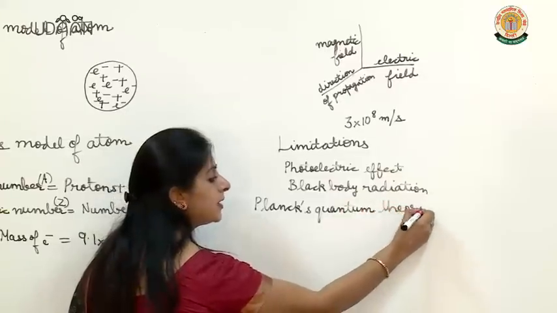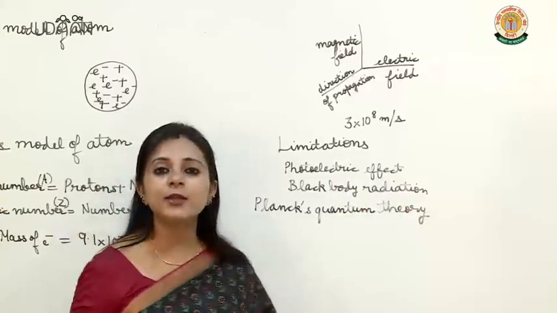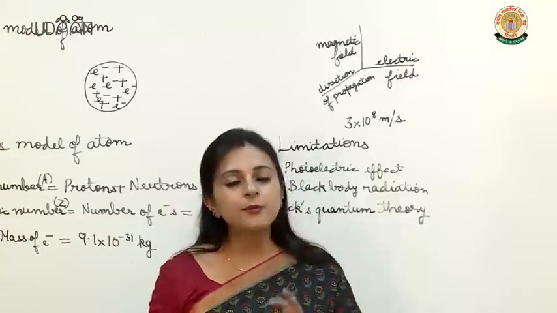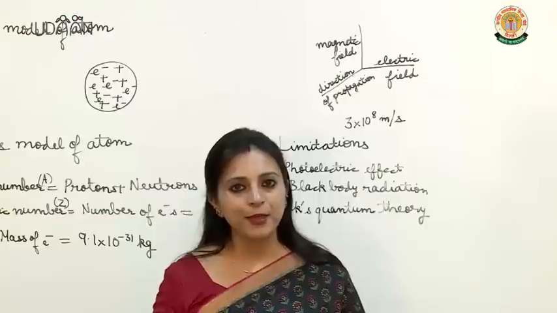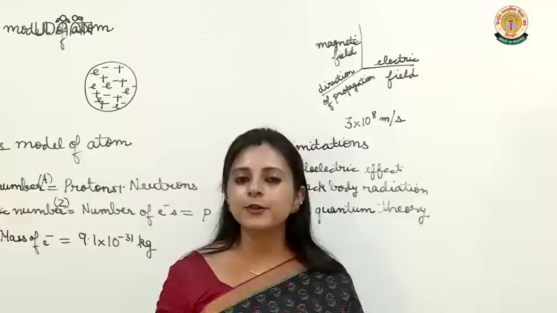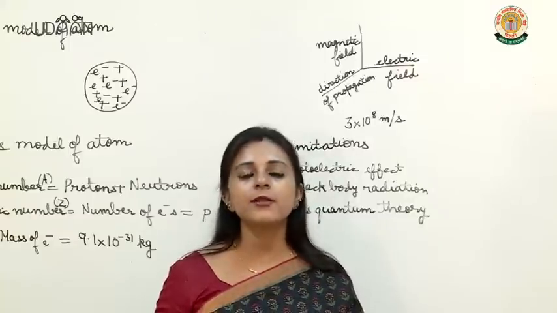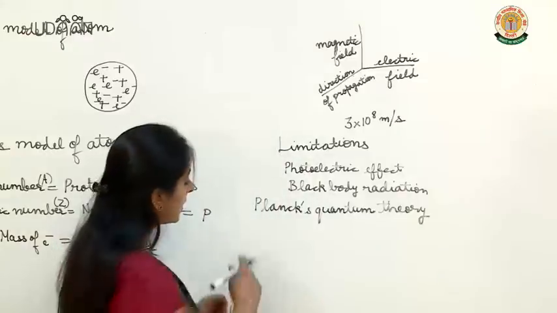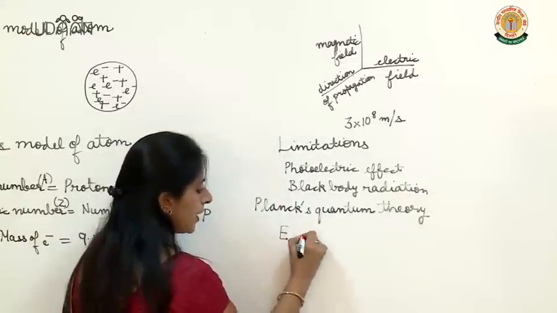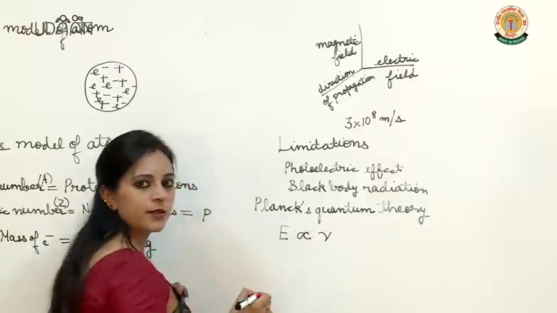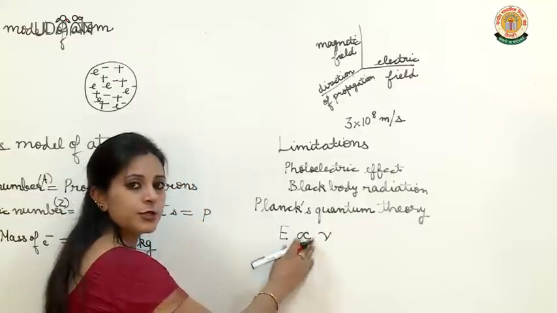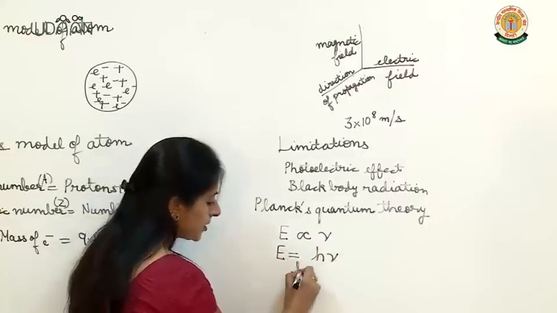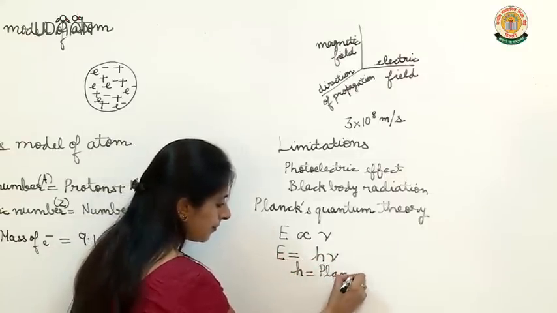That light radiation is emitted from any source discontinuously and not continuously, in the form of small packets of energy, and in case of light, each packet of energy is known as photon, and otherwise each packet of energy is known as quantum. And it says that energy of each quantum is directly proportional to frequency, and when we remove this proportionality sign, we get a constant, that is h. What is h? H is Planck's constant.